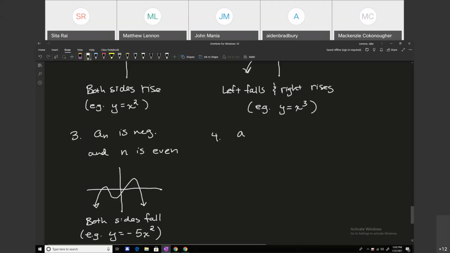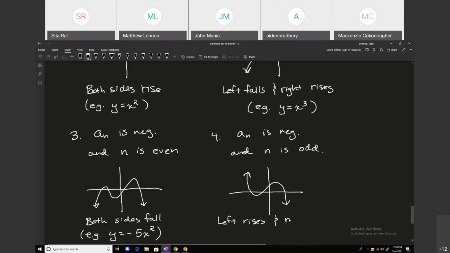And then the last case, a sub n is negative and n is odd. So we get something like this. So left rises and the right falls.